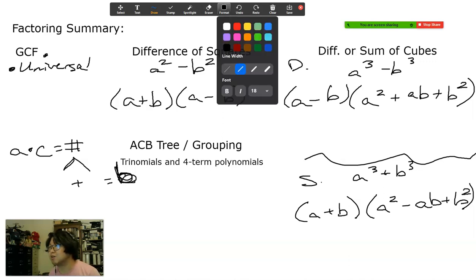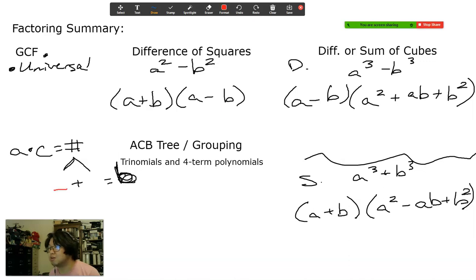I use a different marker for this, so you guys know what I'm talking about. And then I'll change back to black for that one. So that is how you do the ACB tree. Now remember, the grouping part would be to group and then GCF.